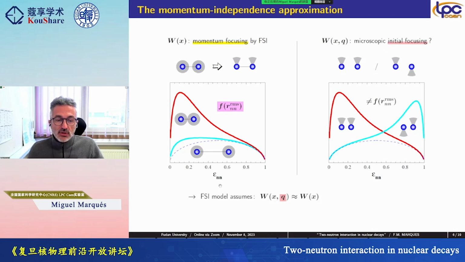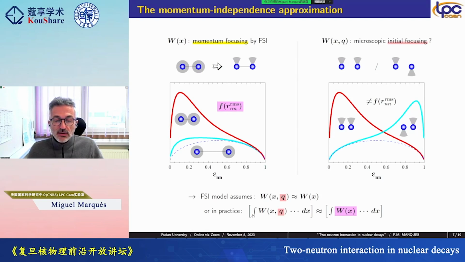And so the final state interaction model assumes that this source that can depend on this distance and momentum depends approximately only on the distance. Or in practice, since we measure momenta in our experiments, what we do is we integrate the source over the distance in the source.